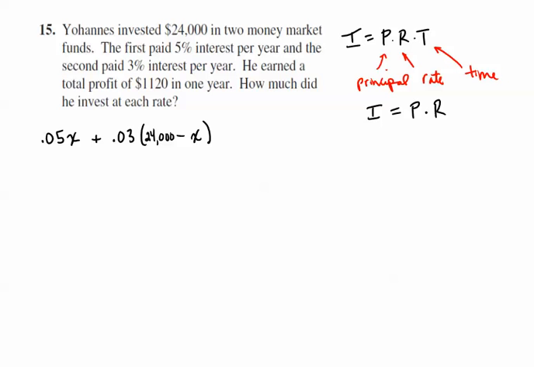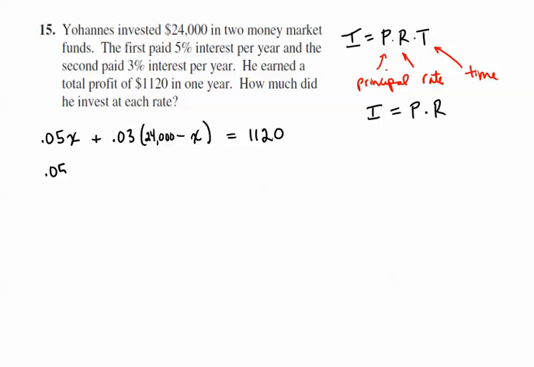So what's left to be invested at 3% is 24,000 minus x. So you have principal times rate plus principal times rate, and our small amounts of interest are going to add up to our total interest of $1,120 for that 1 year. So now we have an algebraic equation, and all we have to do is start to multiply that out.